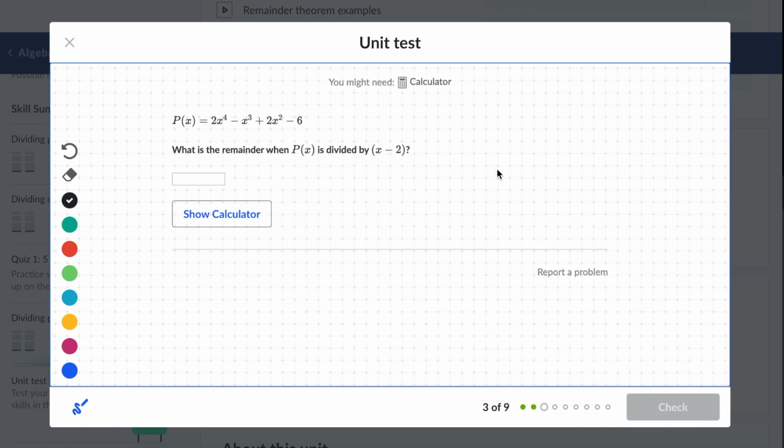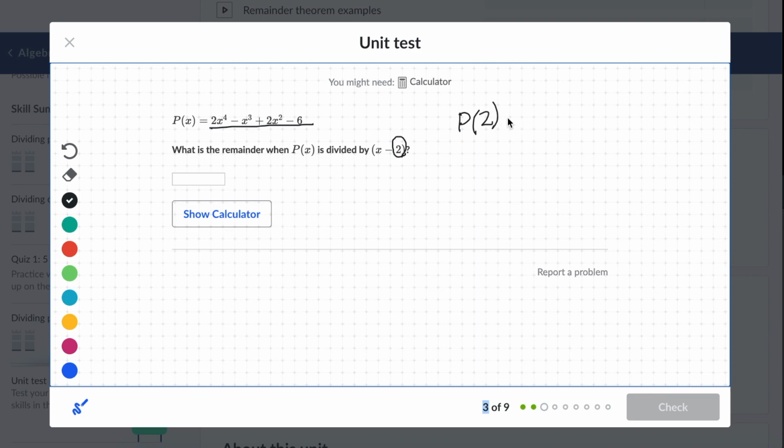Okay. What is the remainder when p of x is divided by x minus 2? Okay, let's use the remainder theorem, guys. So rather than dividing this whole thing by this, you can actually plug in 2 into this equation and it'll actually just magically give you the remainder. You're basically going to plug in 2 for everywhere you see x in this equation.